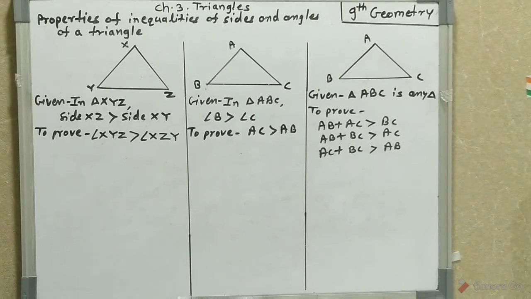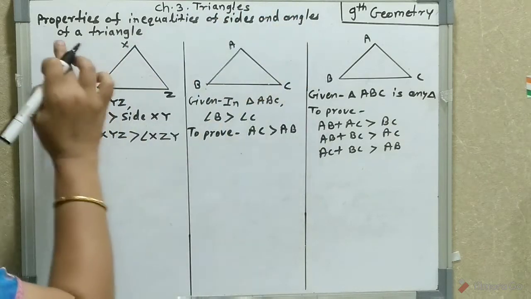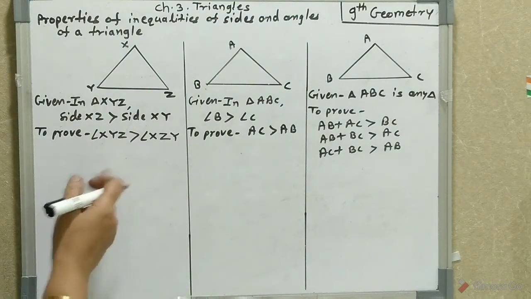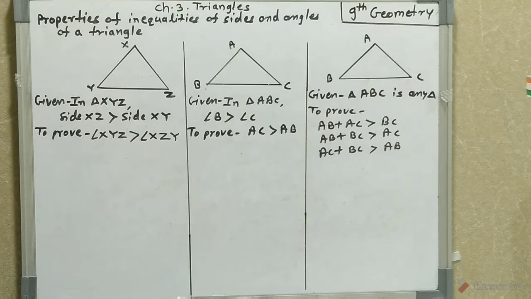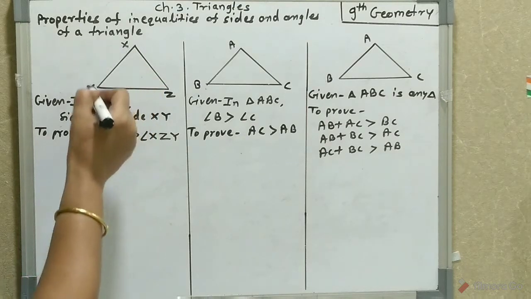Now see the next part: properties of inequalities of sides and angles of a triangle. This is related to three theorems. What is the first statement? If two sides of a triangle are unequal, then the angle opposite to the greater side is greater than the angle opposite to the smaller side. Here is triangle XYZ.